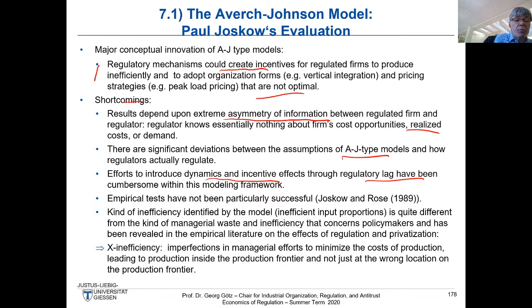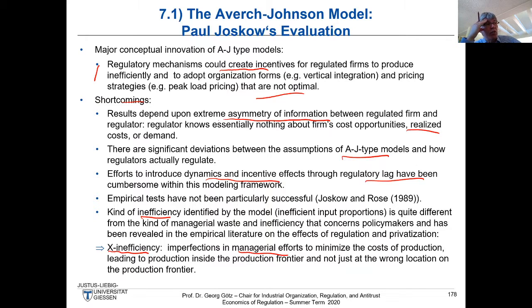And the other point was that the kind of inefficiency observers typically have in mind when they consider network industries or companies is a different one. This would be this X-inefficiency. I already told you that, and we will get back to that once we discuss moral hazard and so on. However, in the notes, I gave you a reference to a paper by Daron Acemoglu and Amy Finkelstein, published in the Journal of Political Economy, about input use in the healthcare sector.